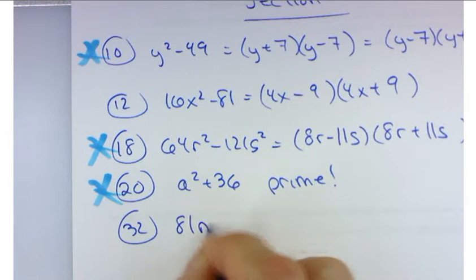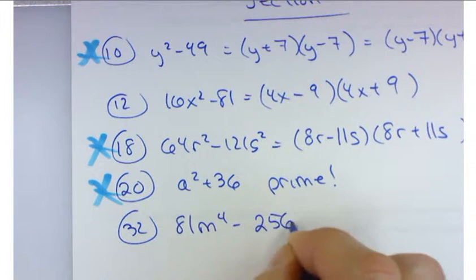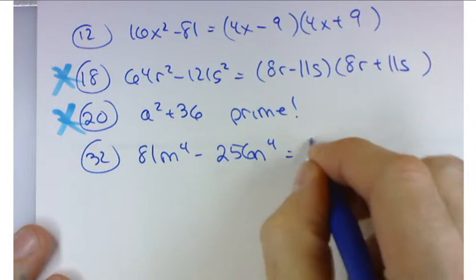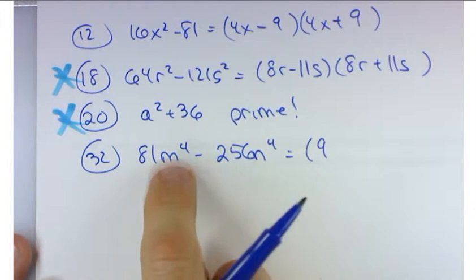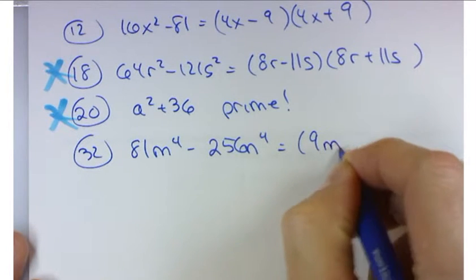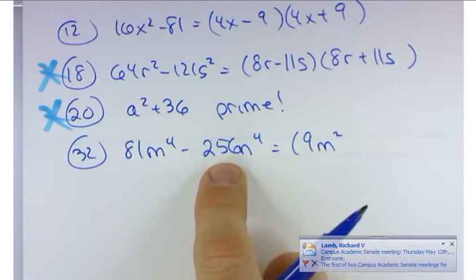81 m to the fourth minus 256 n to the fourth. And wow, no GCF, but we do have two terms. 81 you might recognize. 81, that's 9 squared. But what would I square to get this term? m to the second. 256, wow, that's getting pretty big, all right?